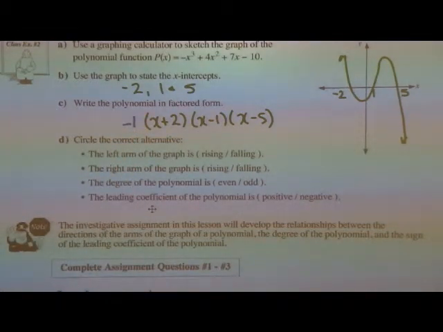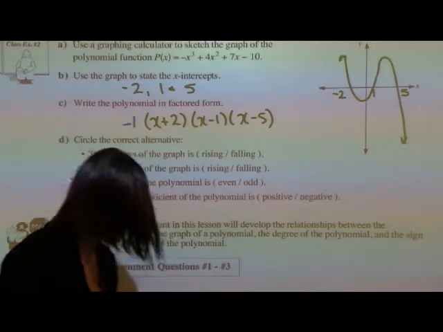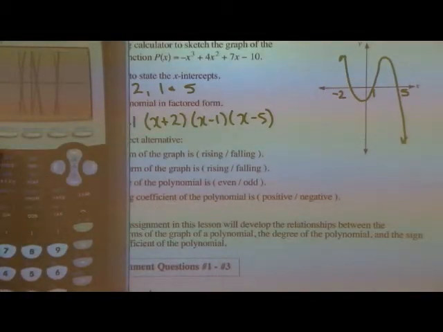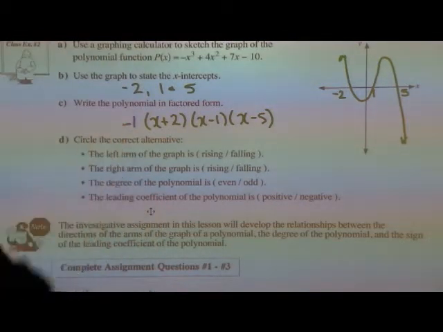What if I put a -1 in front? So try that with your calculator. If I put a -1 in front of that x plus 2, so I go second, insert, -1, and now graph it. Do I get the same graph now? Yes. So because that leading coefficient was -1, it's like I factored out a -1 before I did the zeros.